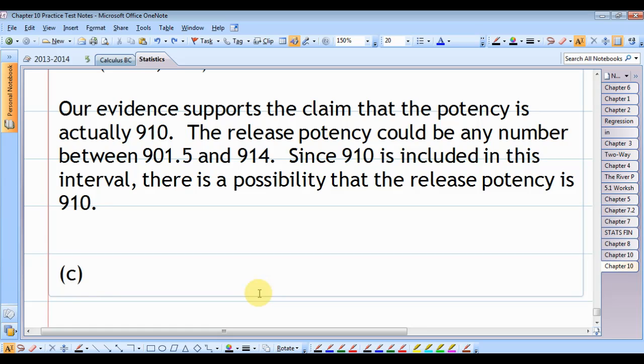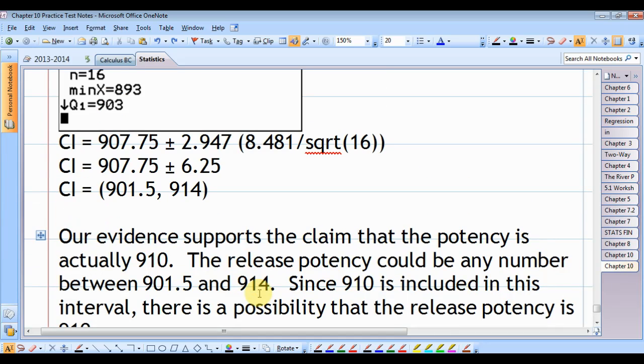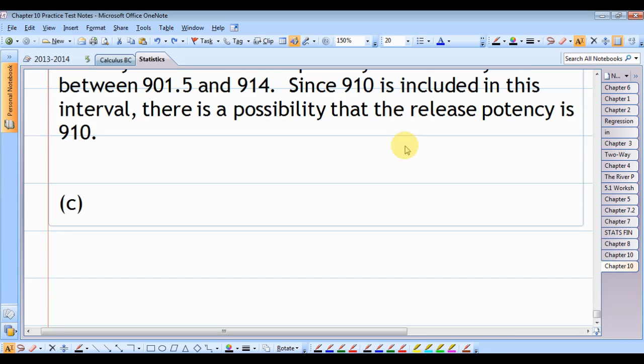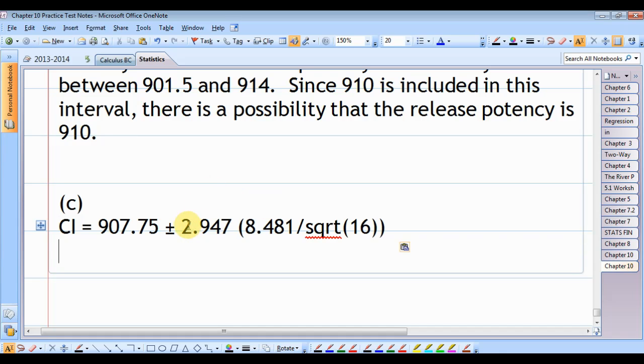All right. So what do we want? We want the interval. So that's 90. I'm gonna copy this all down. C. This is our confidence interval. What Z star do we need? 99%? So 2.576. And the standard deviation is 8.2.